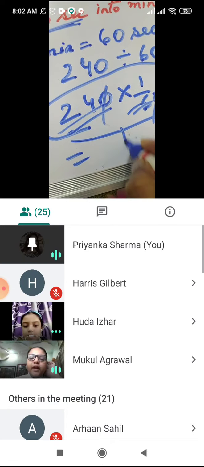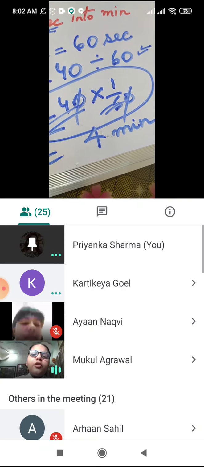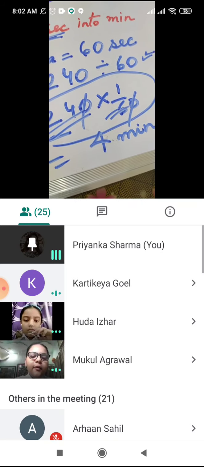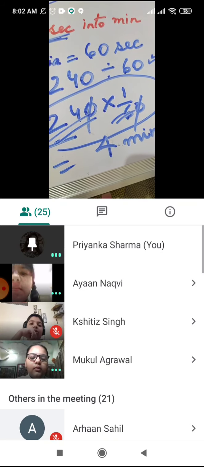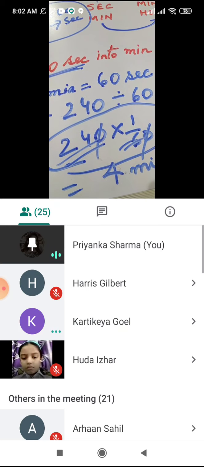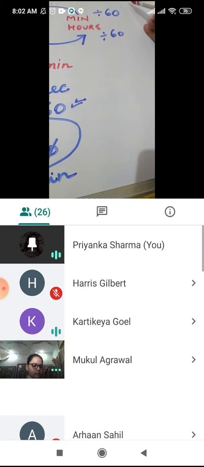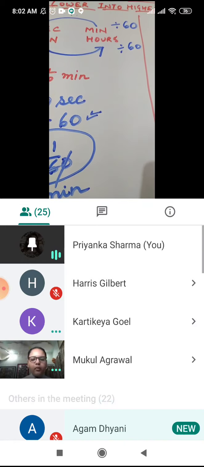Your answer will be 4 minutes. 4 minutes is your answer. The main thing that you have to understand is that when you are converting lower units into higher units, you have to divide the number.